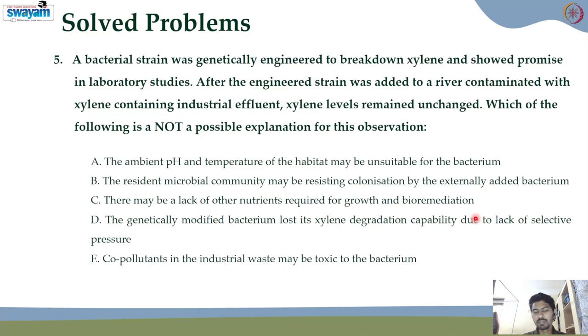Option D, the genetically modified bacterium lost its xylene-degrading capability due to lack of selective pressure. Option E, co-pollutants in the industrial waste may be toxic to the bacterium. Among these, which is not a possible explanation? You can post your answers.